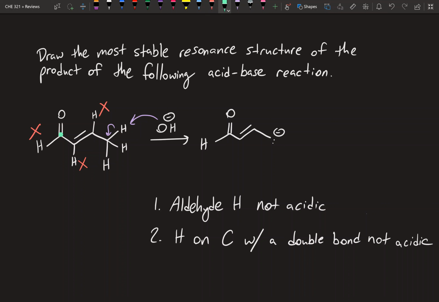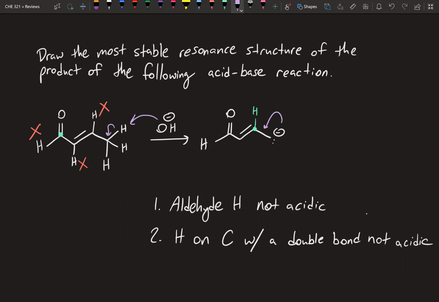Okay, and so let's see if we can resonate this. If we look at this carbon right over here, it has a hydrogen, and it's double bonded to another carbon, and it's got that single bond to the carbon with the lone pair. If you want to, again, pause the video and finish this question off to practice your resonance skills, please feel free to do so. So what we can do is take this negative charge, that lone pair, and form a pi bond there.